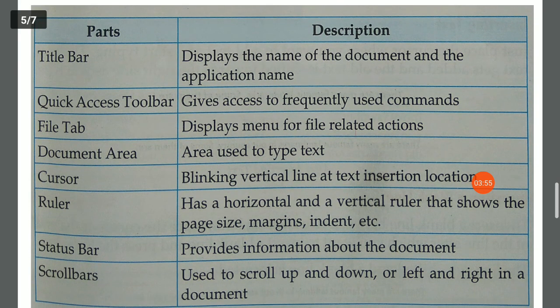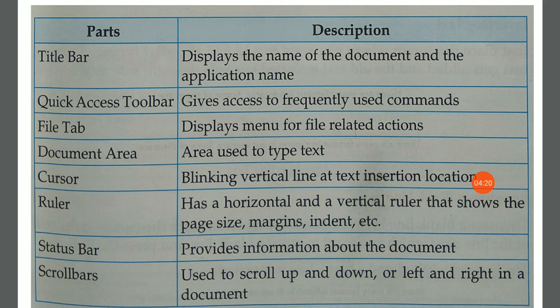Quick access toolbar gives access to frequently used commands. Frequently used command means there are some commands or some buttons which we need to use again and again many times, so they are on the top of the window in quick access toolbar.